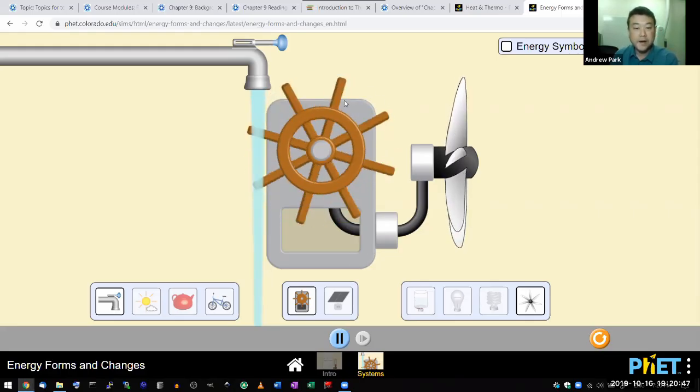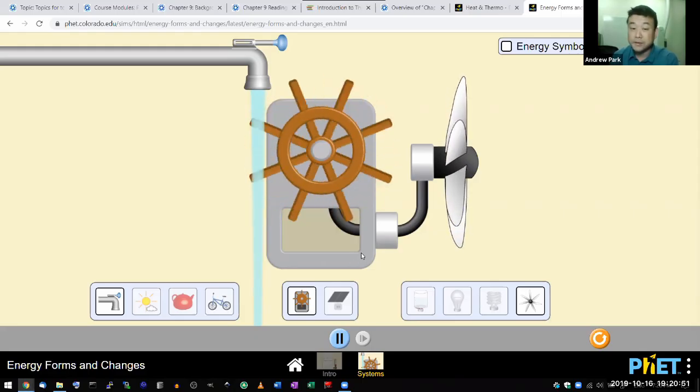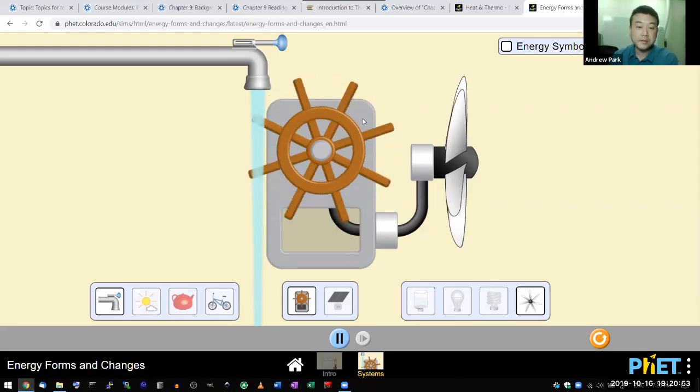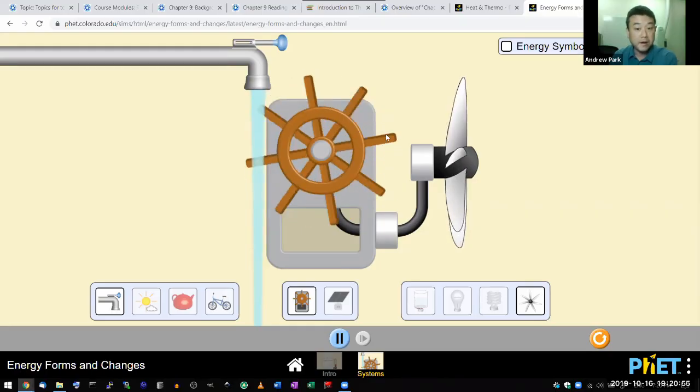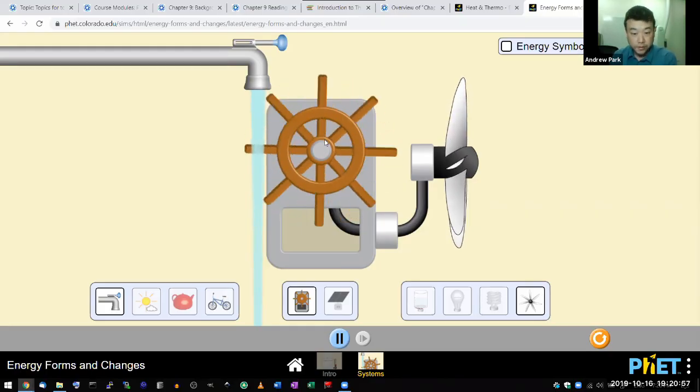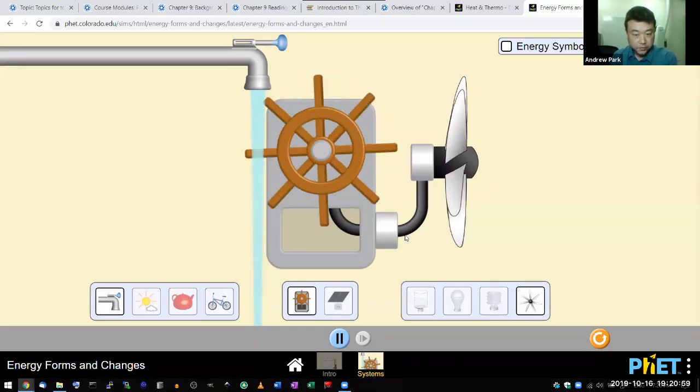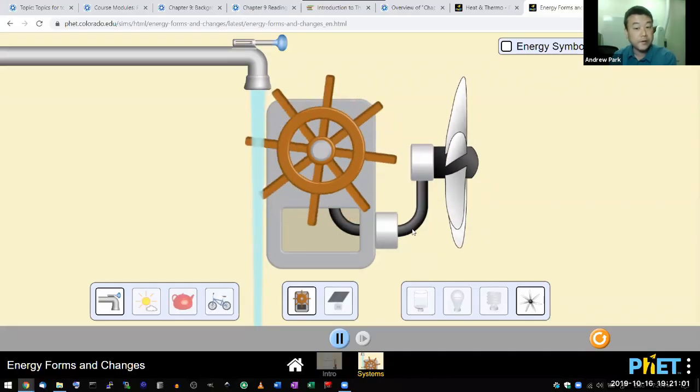There's some device here, similar to what they have in a hydroelectric dam, that turns that kinetic, mechanical energy into electrical energy. And that electrical energy can be used to do various things.